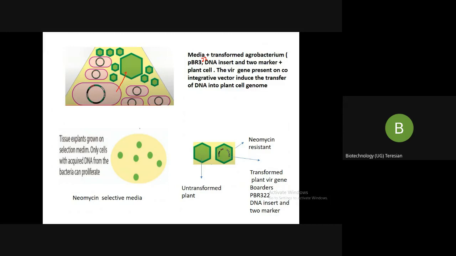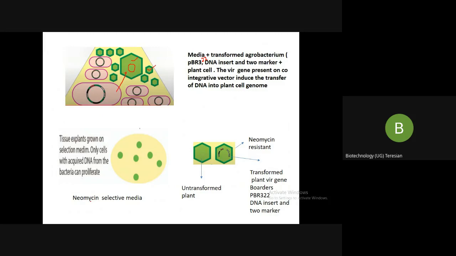Now, there are two probabilities. Your plant cell may be transformed, that means it may get integrated with this agrobacterium co-integrative vector, or there are chances that it may not get transformed. Now, how am I going to identify which is transformed and which is not transformed with the co-integrative vector? For this, I have another media. This is also known as selective media. In this selective media, I'm adding neomycin.